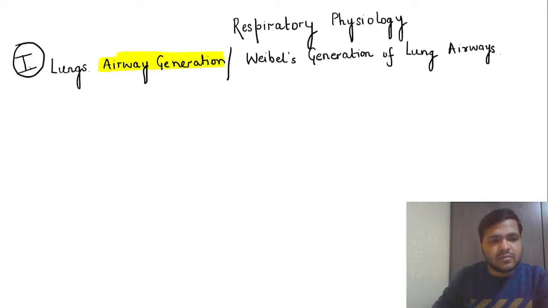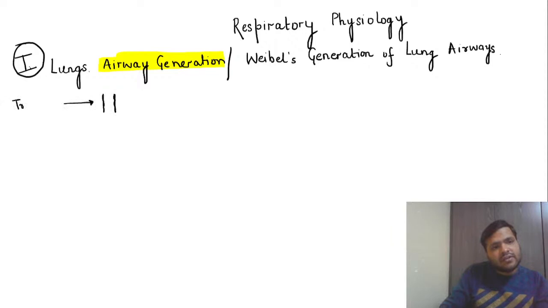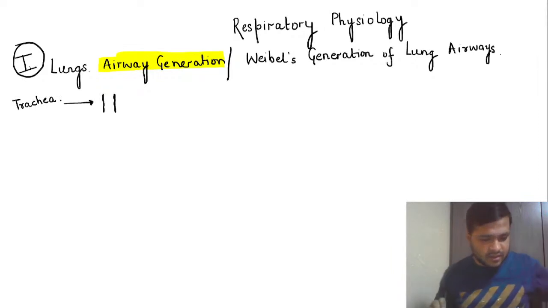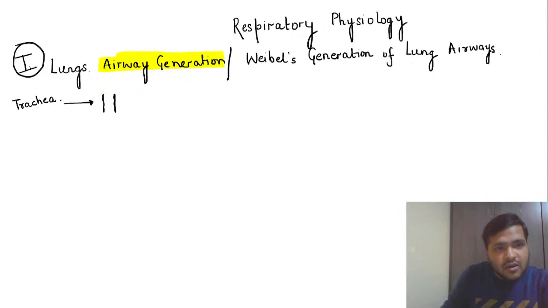Now, everyone knows that the respiratory system starts from a structure called the trachea. Now, this trachea divides and forms bronchi.